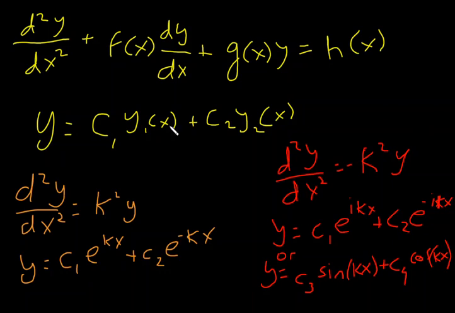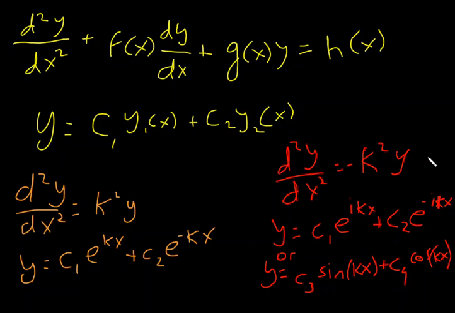Now, the cool thing here is there's actually a different way to write out this solution. You can write it in terms of exponentials, but you can also write it in terms of sines and cosines. Some other constants, they won't be the same, but some constant c3 times sine of kx plus c4 times cosine of kx.